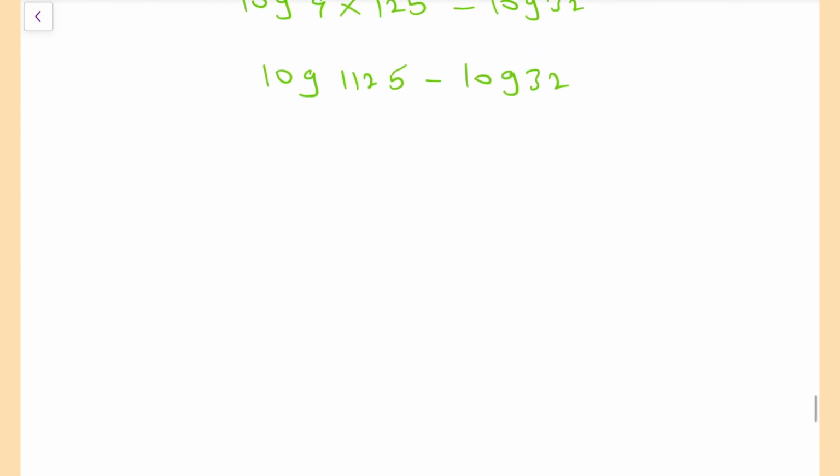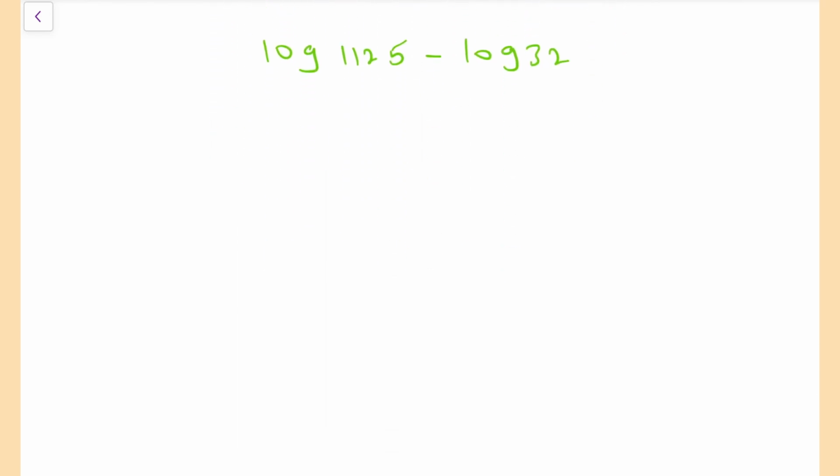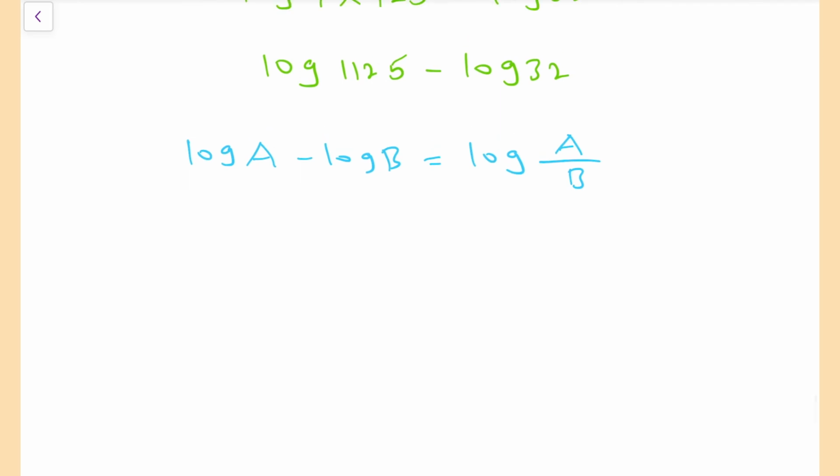Here one more formula which we will use is log A minus log B equals log A by B. In logarithm, if minus is there, we will write that as division. So log 1125 minus log 32 can be written as log 1125 divided by 32.